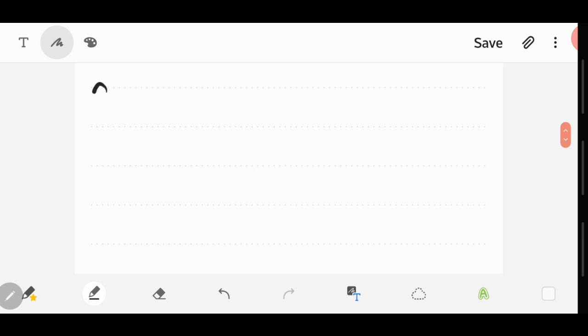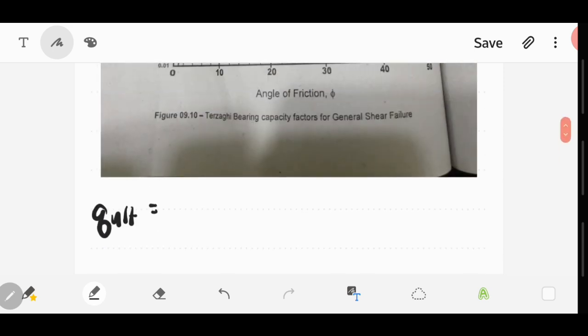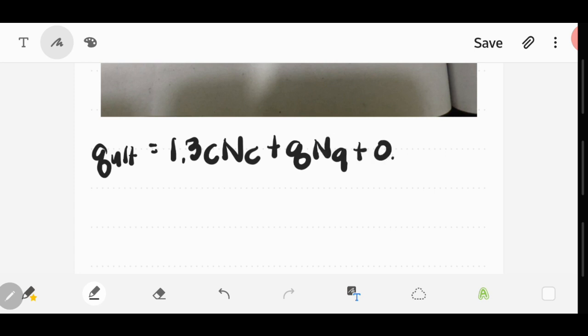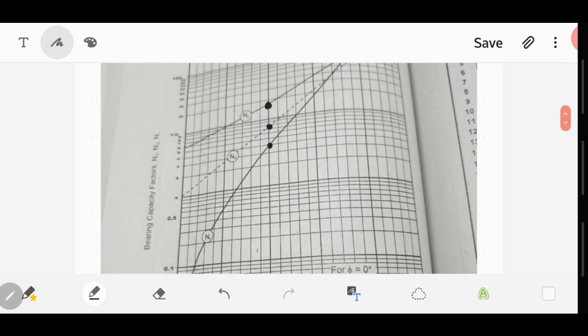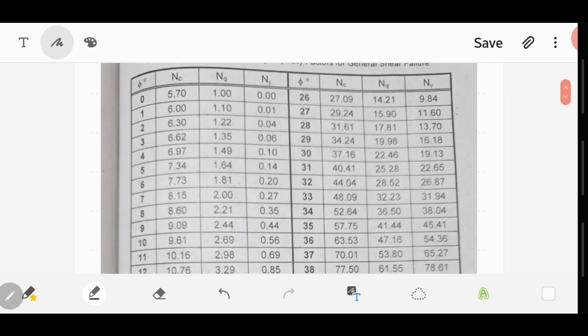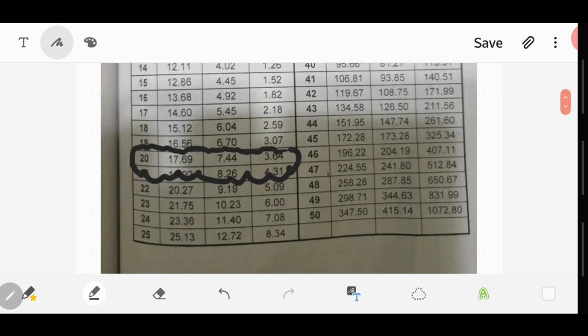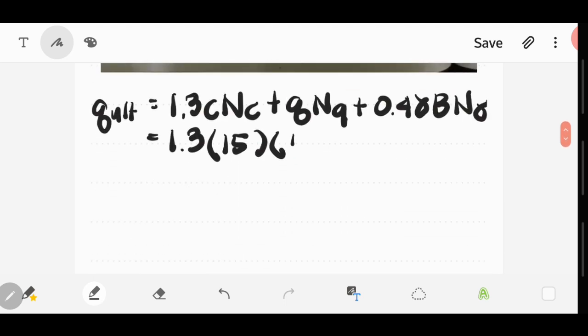Q ultimate is equal to, so the formula for square footing is 1.3 c Nc plus q Nq plus 0.4 gamma B N gamma. So 1.3, the value of c is equal to 15 kilopascal. 1.3 times 15 times 17.69 plus q.